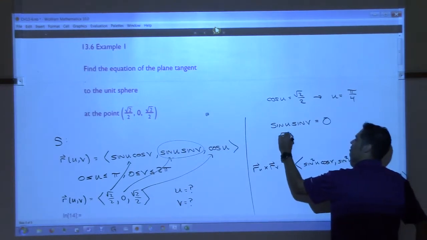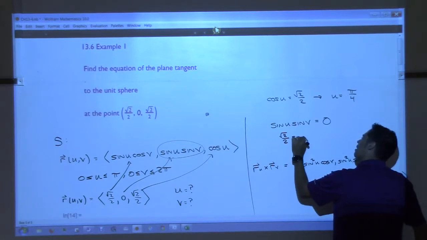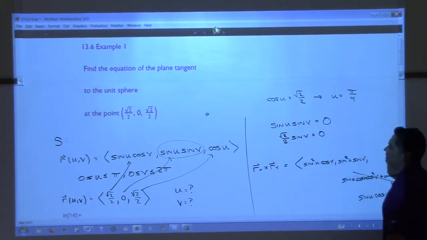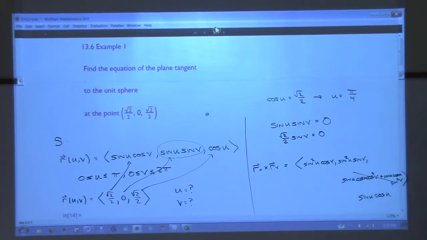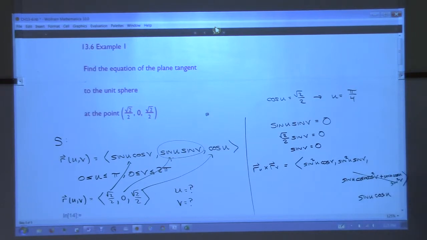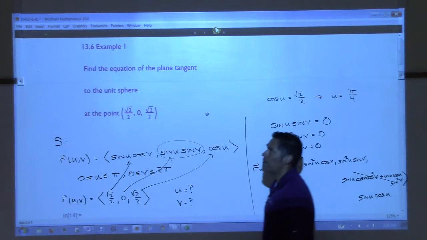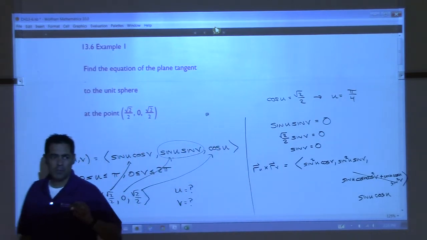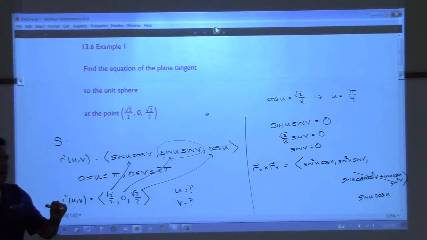So this is really root 2 over 2 sine of v must be 0. And the only way that happens is if sine of v is 0, right? So this really turns out to mean sine of v must be 0. And where would that happen if v, remember v is between where? 0 and 2 pi. So the only place that the sine is 0 is where?